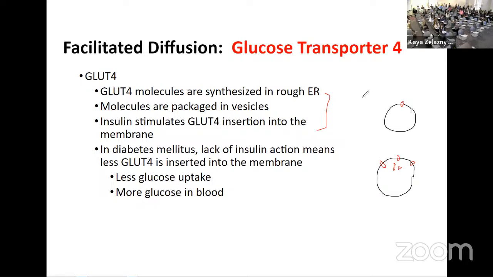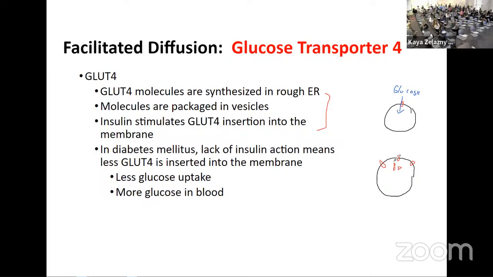This is a factor in a certain type of diabetes. In diabetes, because the insulin action isn't working, we don't insert as many of these transporters into the membrane. That's a problem because the point of this transporter is to let glucose into the cell. Before insulin is present, in this example, we get 1 glucose in per unit of time.